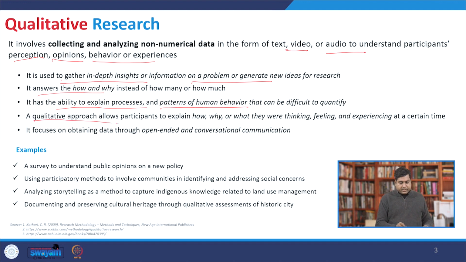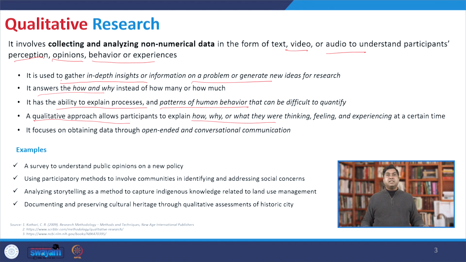Qualitative research also allows participants to explain how, why, and what they are thinking, feeling and experiencing. So it can be an open-ended or a close-ended questionnaire survey kind of approach.